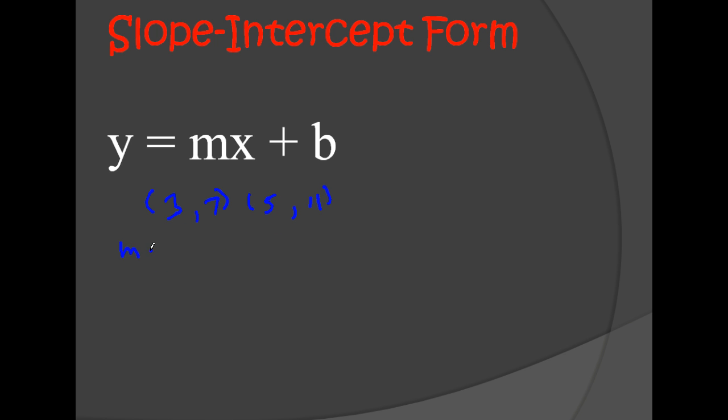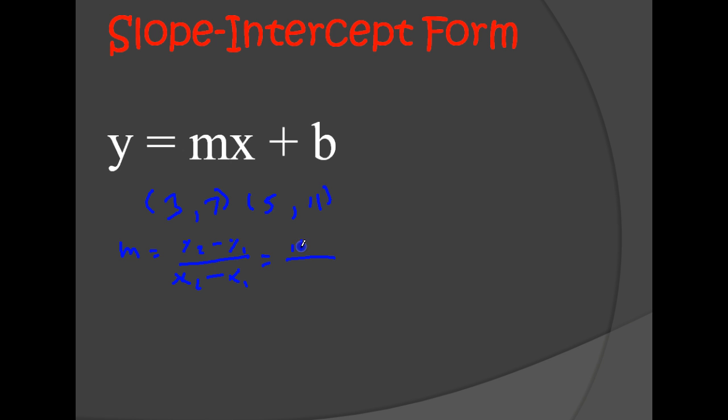We know that slope is y2 minus y1 over x2 minus x1. So I'll call this my x2, y2, and this will be my x1, y1.